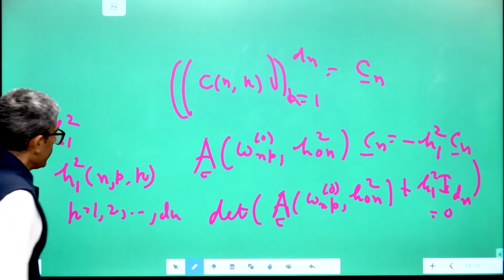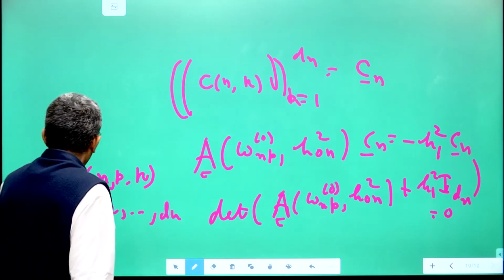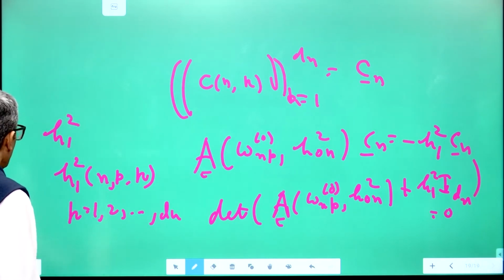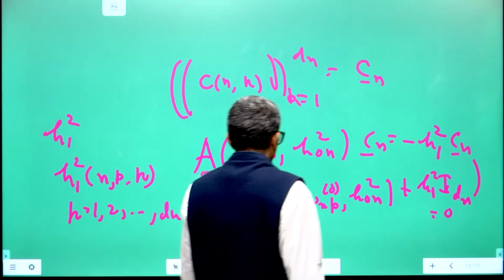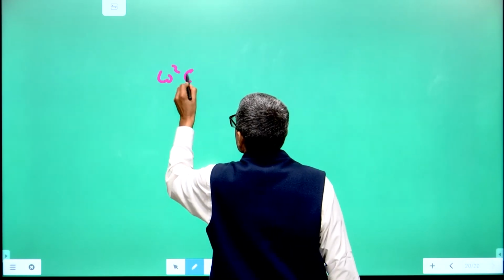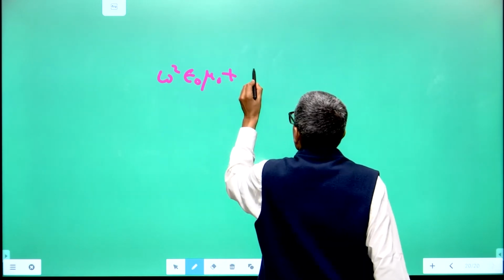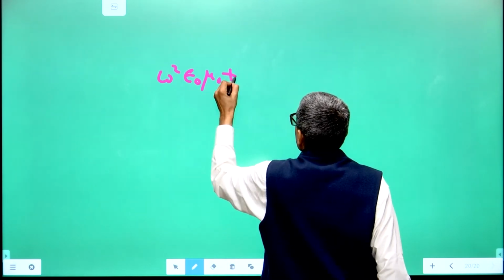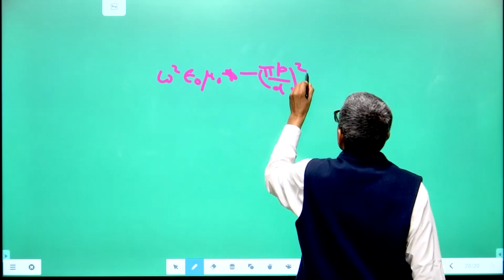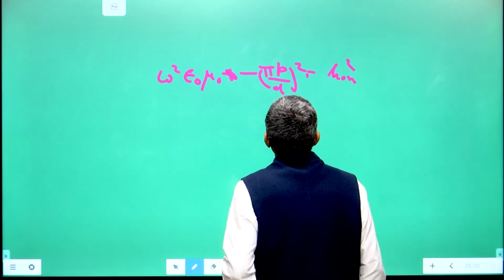So each modal eigenvalue will get split, for each value of p, into Dn values. You can say that the perturbation lifts the degeneracy of the system, and you can actually get the perturbations in the frequencies. How do you get the perturbations in the frequencies? Simply use the fact that omega square epsilon naught mu naught plus gamma square, which is minus pi p by d square, equals H0 n square.